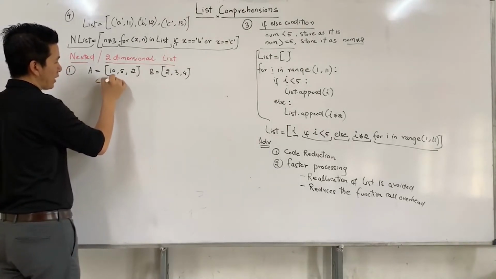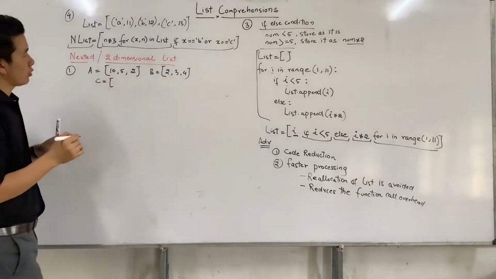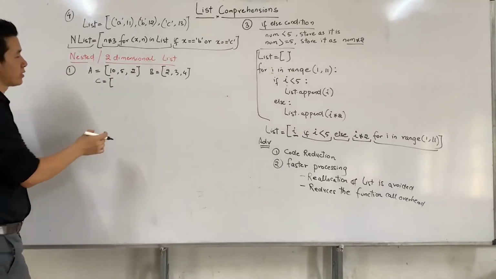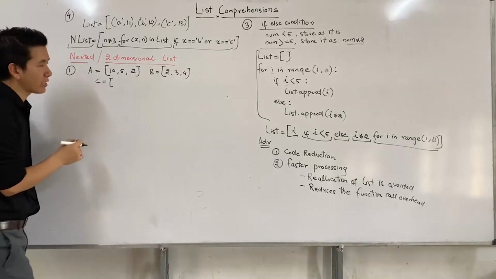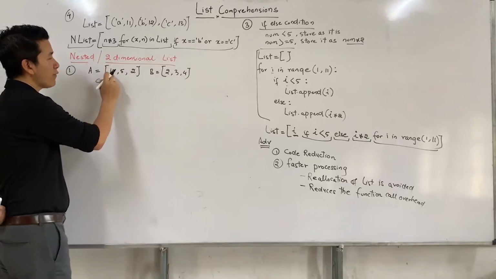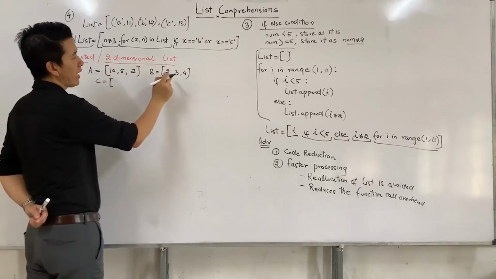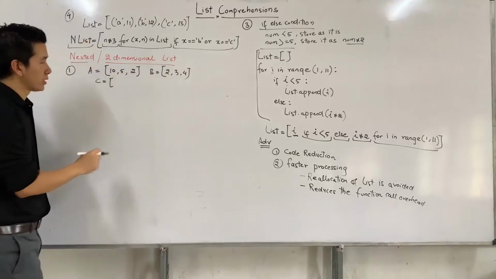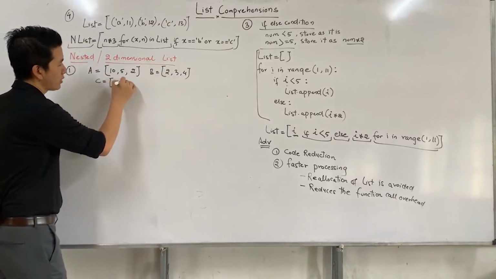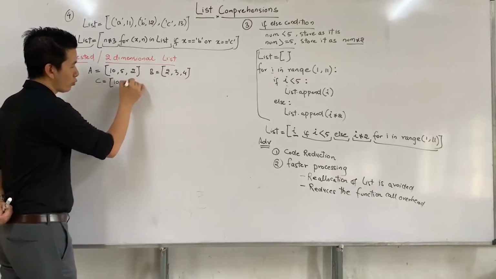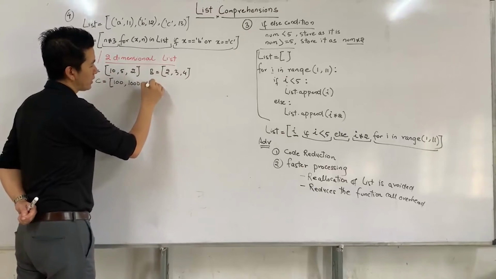I'll have to form another list by the name of C. The idea is I have to form the elements of C such that every element of A must be raised to every element of B. Say 10 raised to 2 will be 100, 10 raised to 3 will be 1000, 10 raised to 4 will be 10,000.